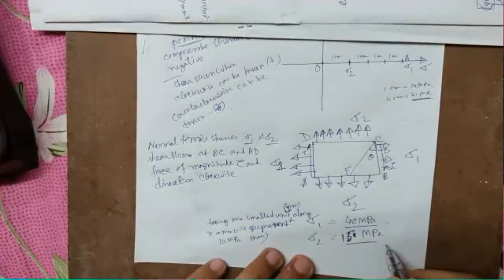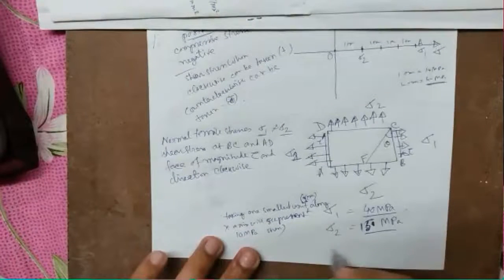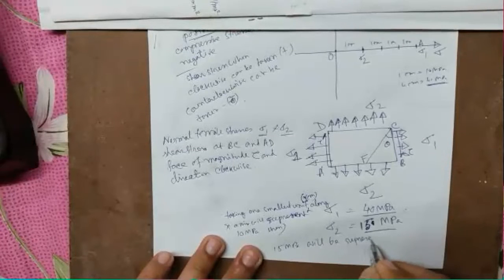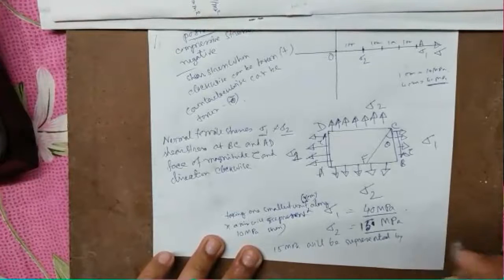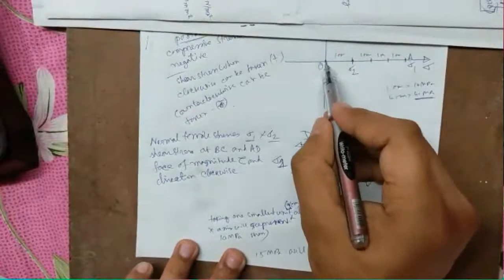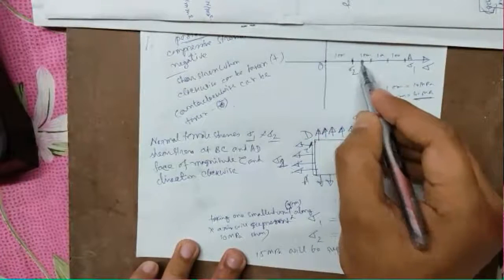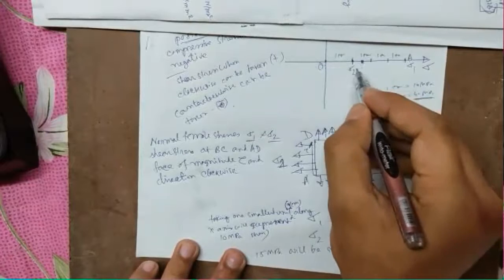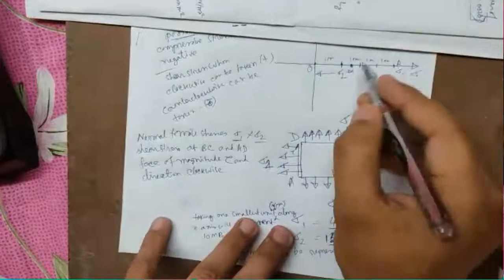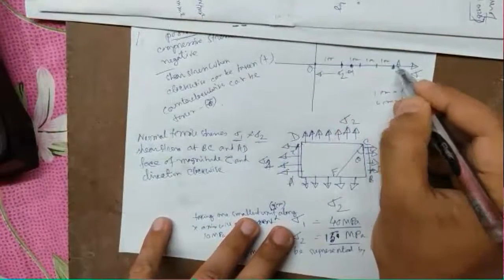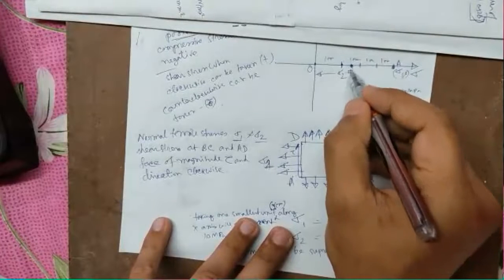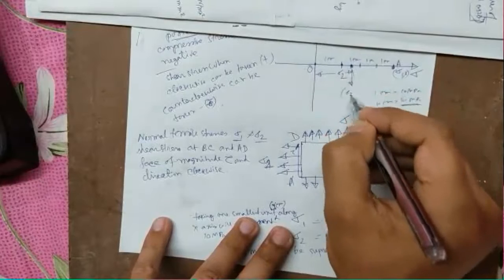So 15 MPa will be represented by how many centimeters? 1.5 centimeter. So we will draw 1.5 centimeter with the help of a ruler, and this will be sigma 2. So the coordinates of these 2 points will be sigma 1 comma 0, because there is no shear stress, and here at this point sigma 2 comma 0.